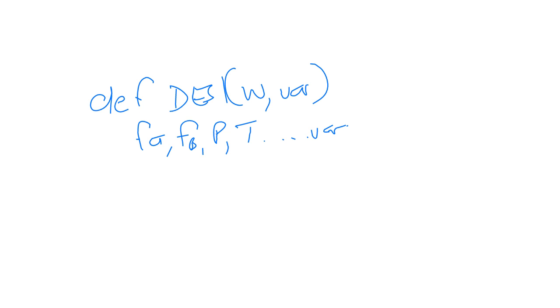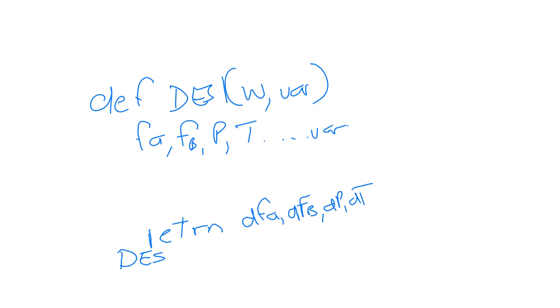And finally, I return those differential equations, dFA, dFB, dP, and dT. Outside of your function, just run DEs. Ask Python to calculate the value that it would return for that first integration step, so when mass is 0, and give it your initial values for your variables, so that it can just return those slopes for you.